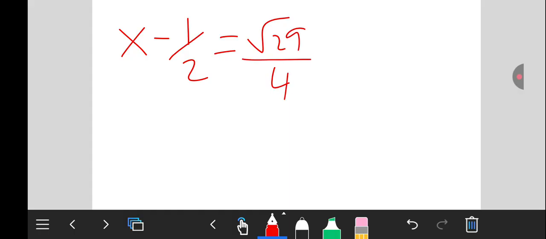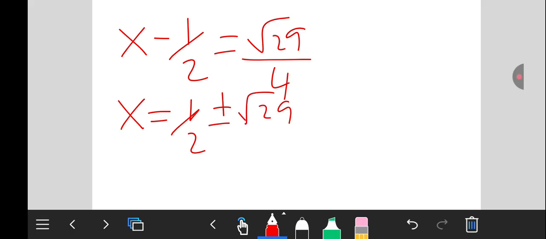Then we can take negative half to the other side, so x is equal to 1 over 2. Mind you, we said the result from a square root can either be positive or negative, root of 29 over root of 4. Root of 4 is just 2.